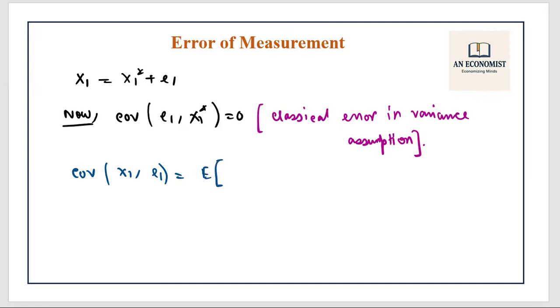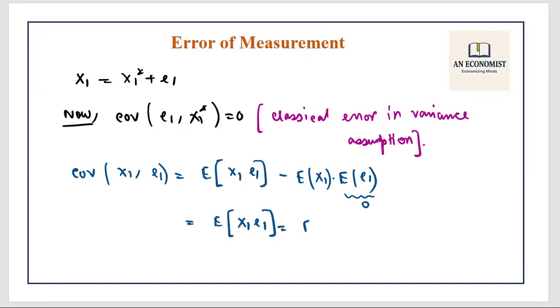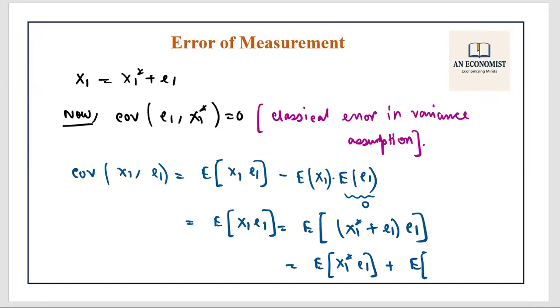Let us try to find that out. Covariance of X1 E1 is the expectation of X1 E1 minus expectation of X1 into expectation of E1. Now the expectation of E1 is 0 in all situations. So it is the expectation of X1 E1. Now you can write X1 as X1 star plus E1, times E1. So it will be simply the expectation of X1 star E1 plus the expectation of E1 square.